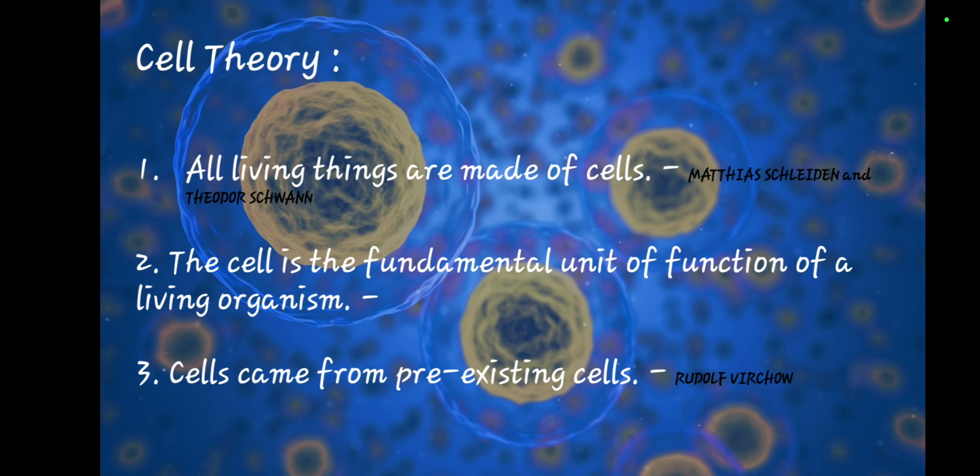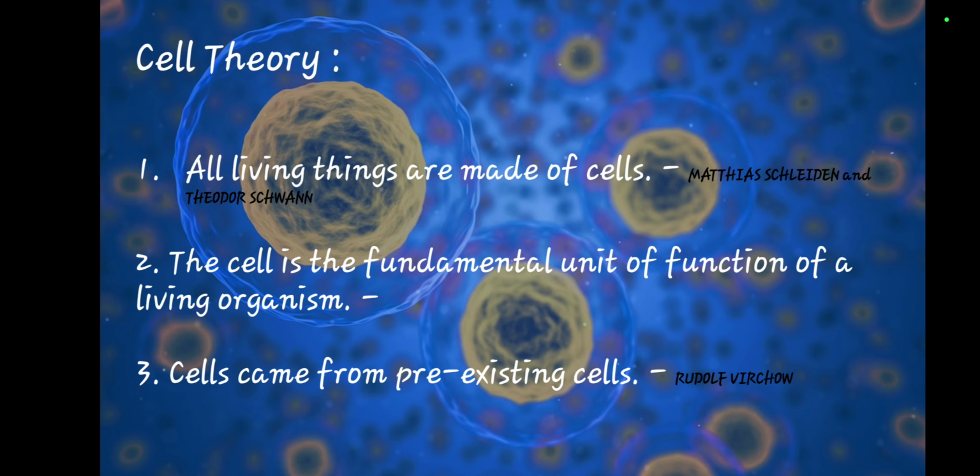The persons who stated this are Matthias Schleiden and Theodor Schwann. Second, the cell is the fundamental unit of function of a living organism, which is very true. Without the cell, there is no living organism, or the parts inside the cell cannot be processed well because something is lacking, which is the cell.